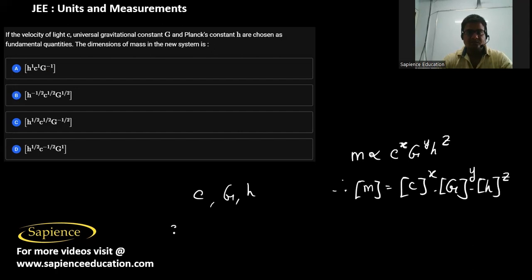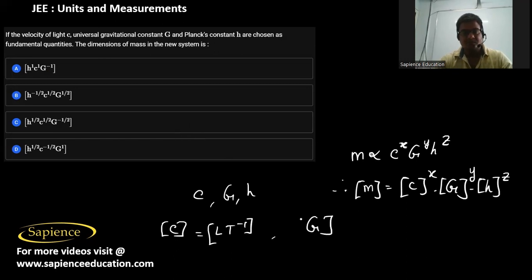Now, the dimensional formula for the velocity of light is length by time, so it is LT power minus 1.